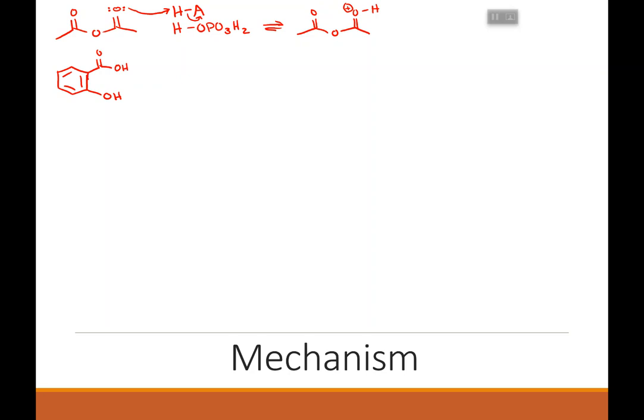So the salicylic acid is going to react with this protonated acetic anhydride, which has become more electrophilic. The hydroxyl oxygen here is going to attack this electrophilic carbon, pushing these electrons up to our oxygen.